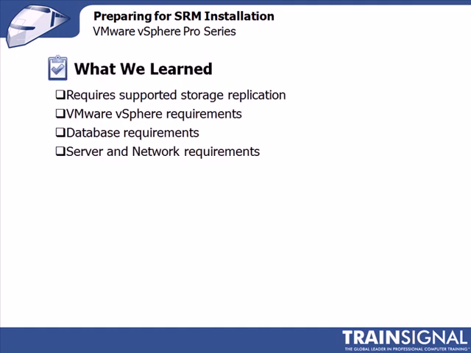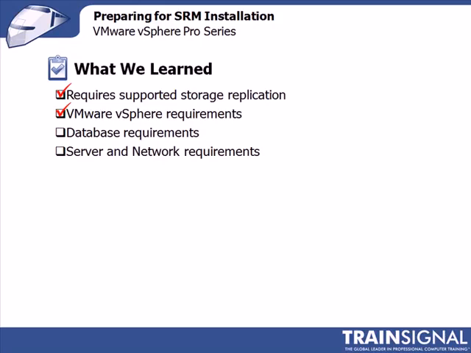What have we learned in today's lesson? Well, we've learned that SRM requires supported storage replication. Without it, there is no SRM functionality. We also learned that VMware vSphere requirements must be met in order to have SRM work properly.